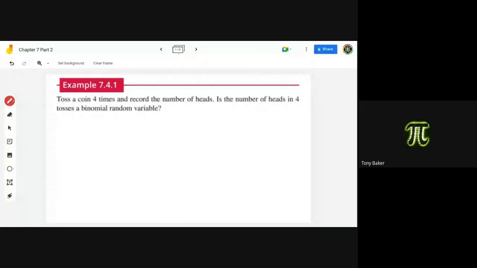All right, so here's the problem we're going to do, and then I'm going to go back to that and put it in. We're going to toss a coin 4 times. And I want to record the number of heads. Okay. So, is this a binomial distribution experiment?